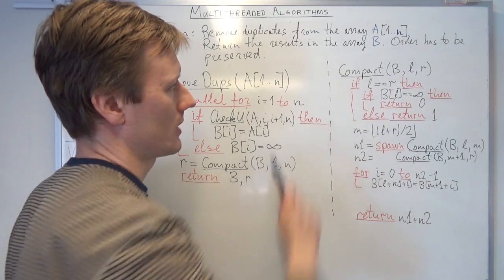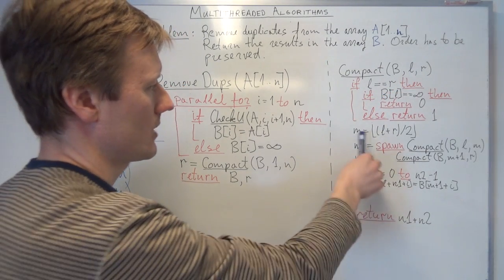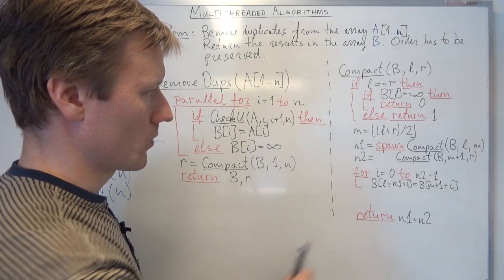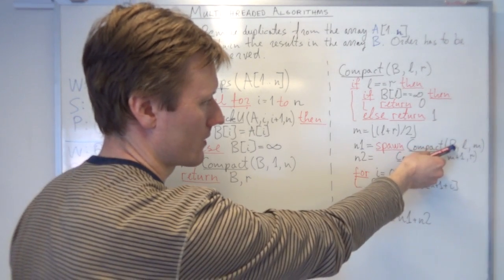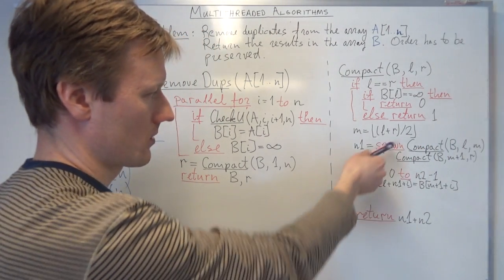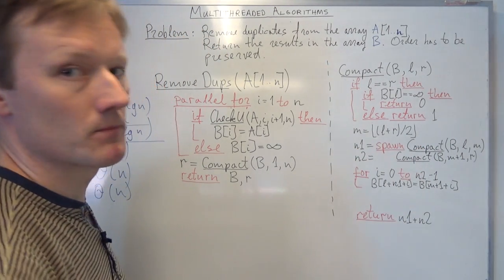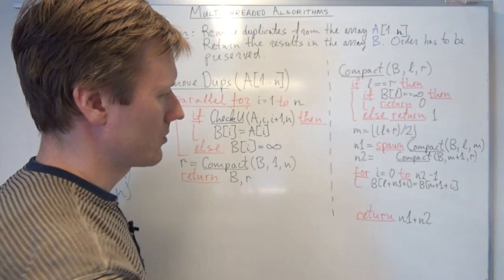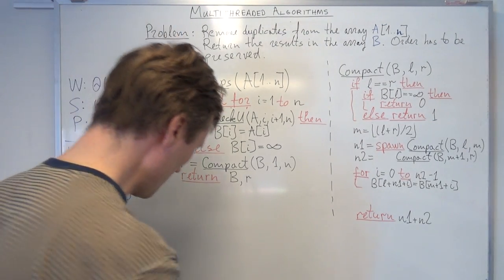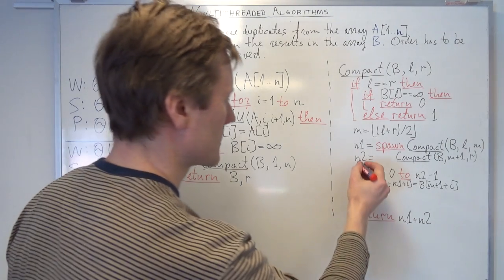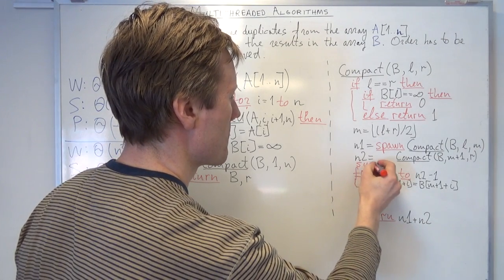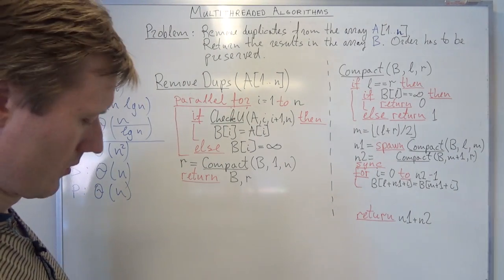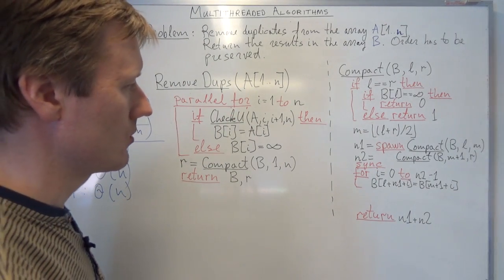If this range contains more than 1 element, then we divide the range in 2 equal halves. We call ourselves recursively on the left half, on the right half. We do that in parallel to make this a parallel algorithm, and we get n1 and n2. Then of course we do sync to get the results n1 and n2.